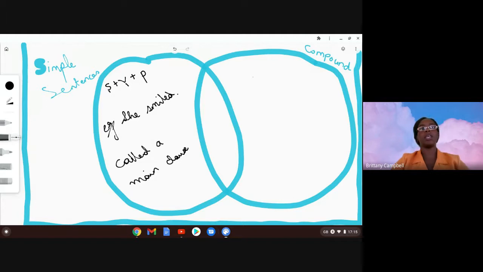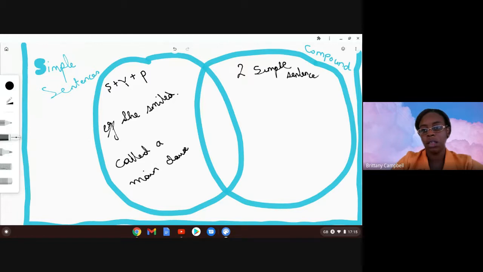Anything about the compound sentence? Do we know anything about a compound sentence? Okay, two simple sentences. So we have two simple sentences. An example, go ahead.